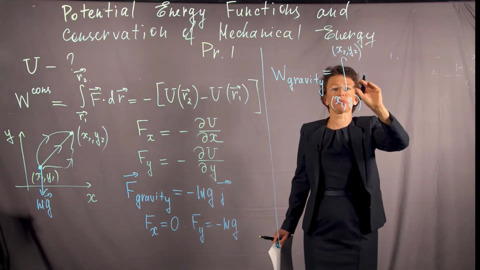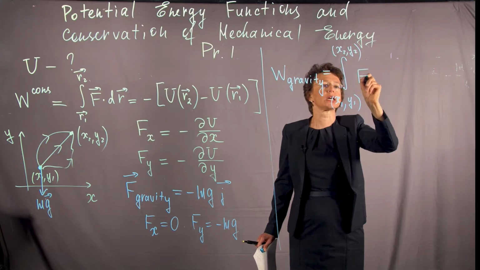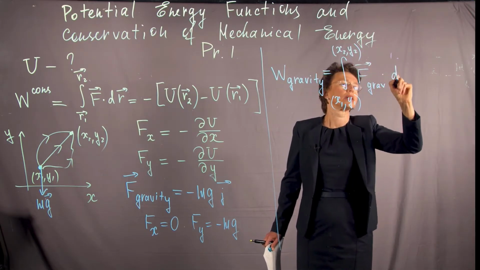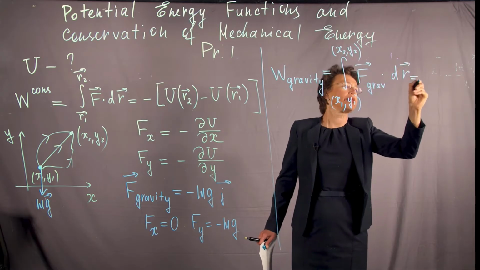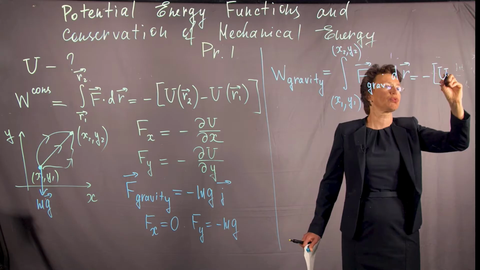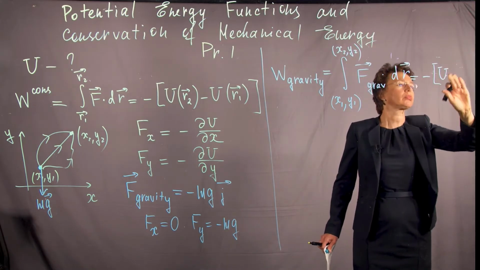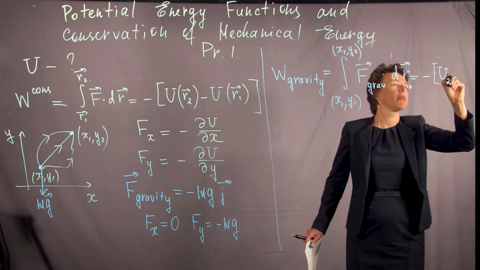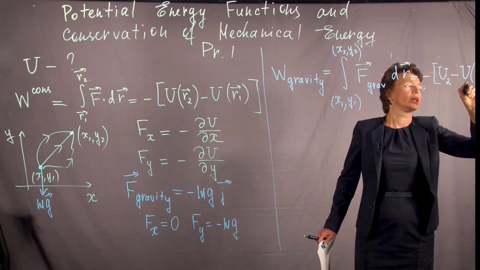So here will be my force of gravity dot dr. And this has to be equal to change in potential energy function, U, at the top point minus U at the initial point.